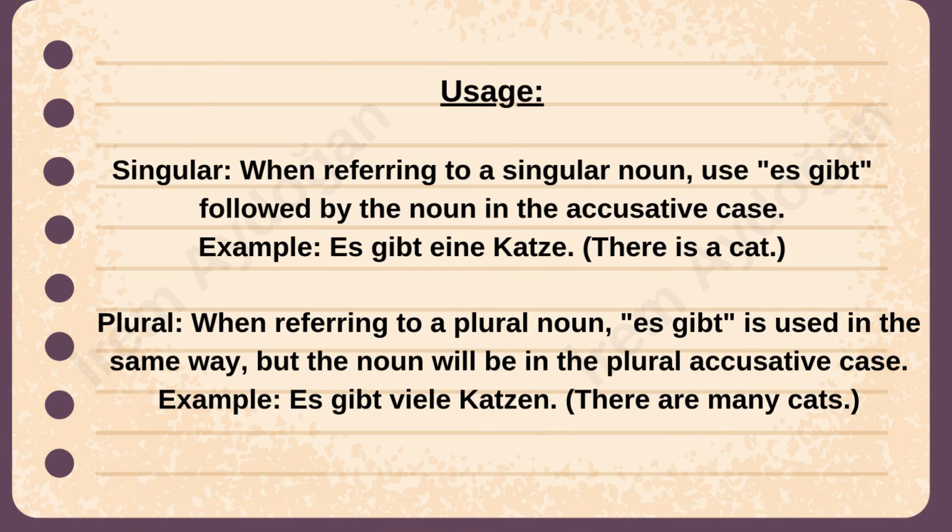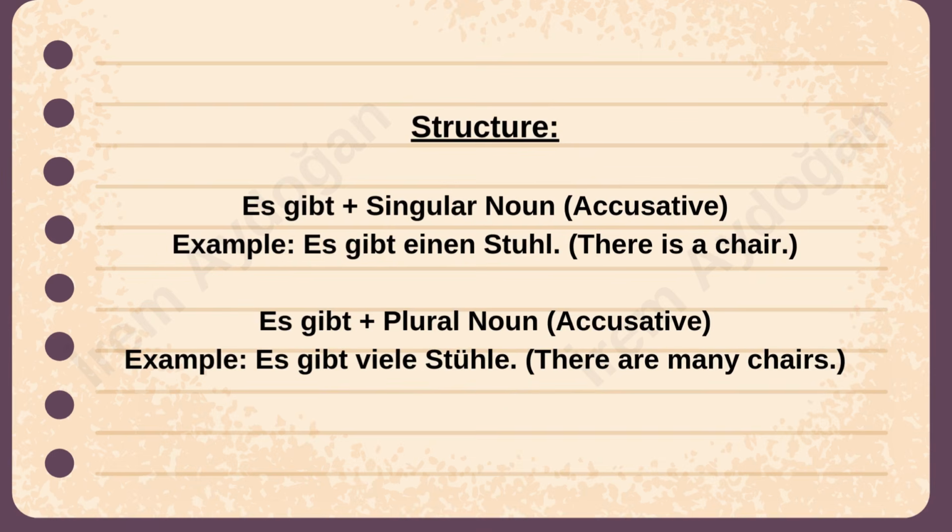Okay. When referring to a plural noun, es gibt is used in the same way, but the noun will be in the plural accusative case. Zum Beispiel, es gibt viele Katzen. There are many cats. The structure of es gibt is es gibt and singular noun.